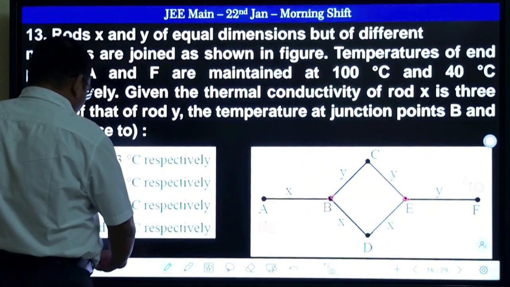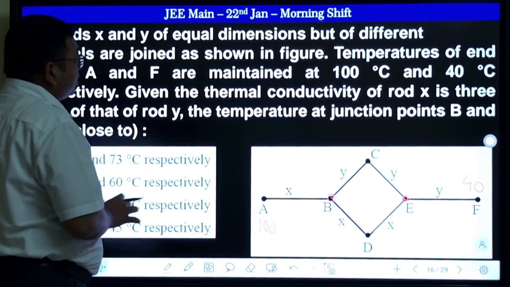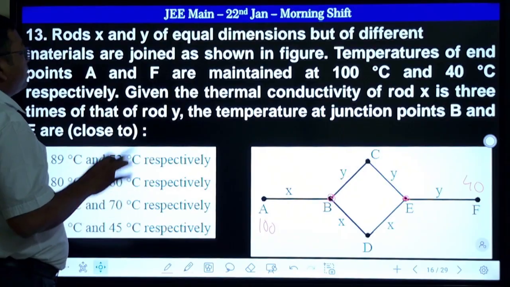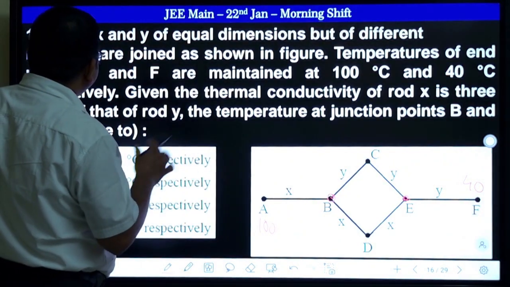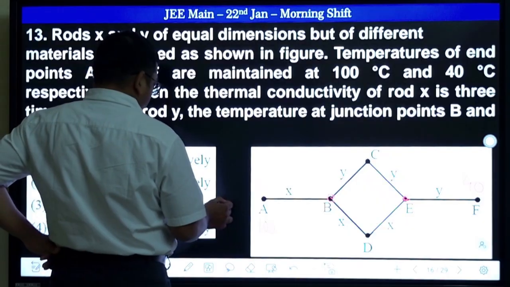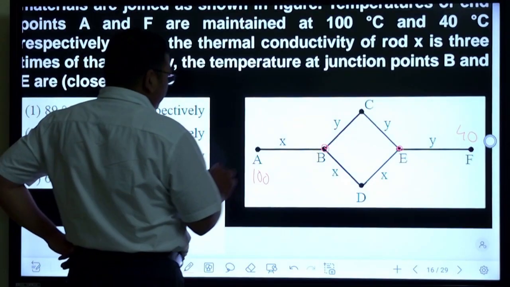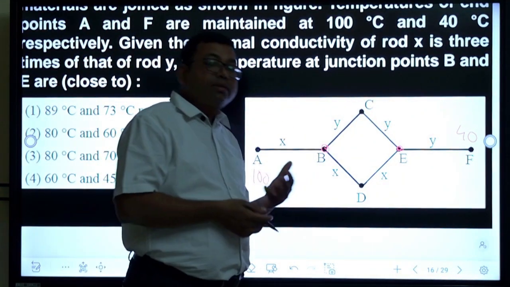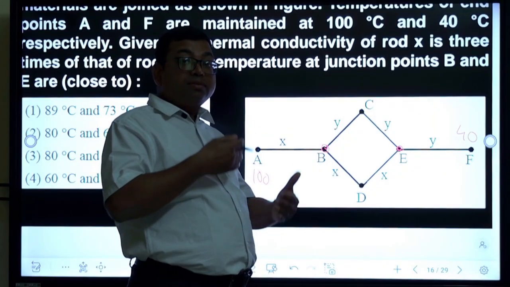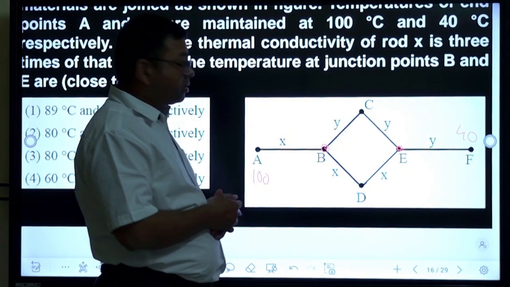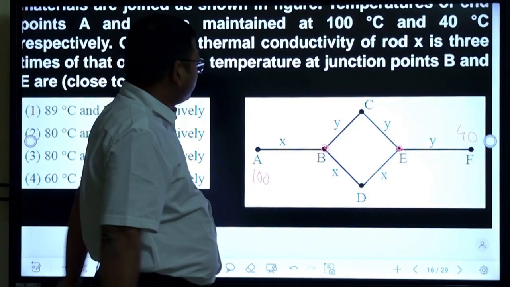So what should we do here? They have given the condition that thermal conductivity of X is 3 times Y. So if conductivity is 3 times, then resistivity is 1 by 3 times, correct? Or resistance is 1 by 3 times.